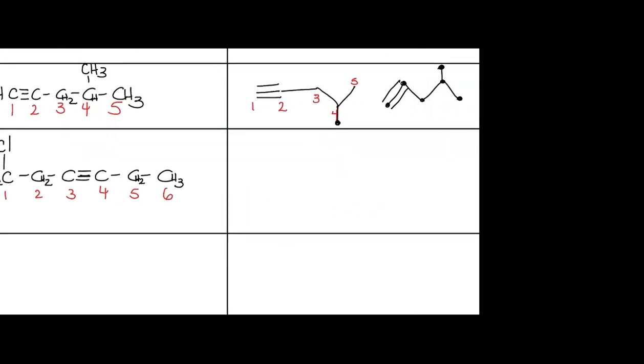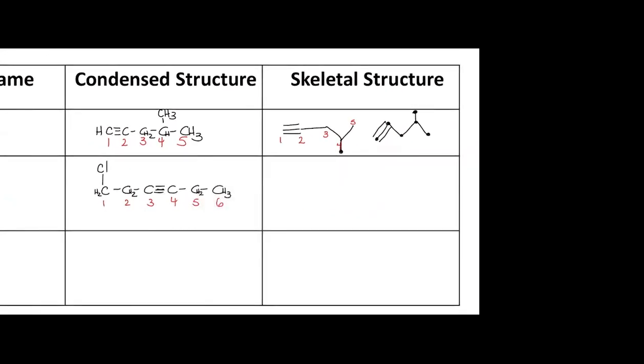Now let's do the skeletal structure. Again, I'm going to draw it in an acceptable way, even though there are different ways to draw it. Let me actually draw both so you guys see the difference between them. So if I draw my carbon-carbon triple bond, this is 3 and 4.